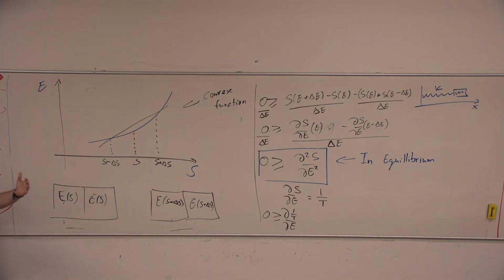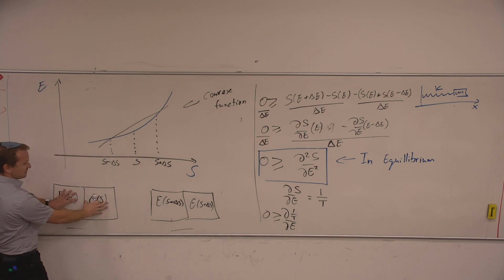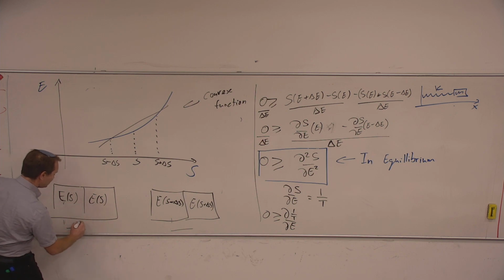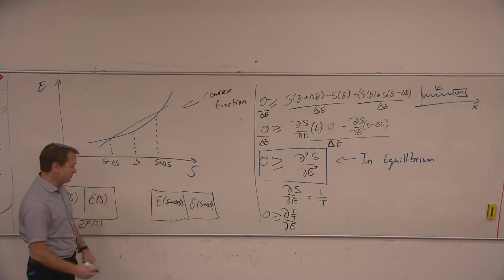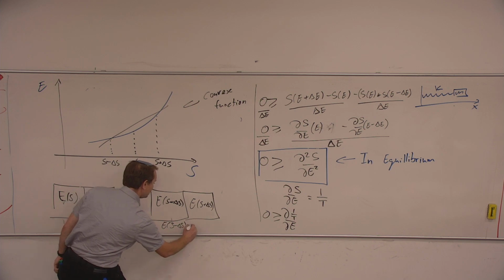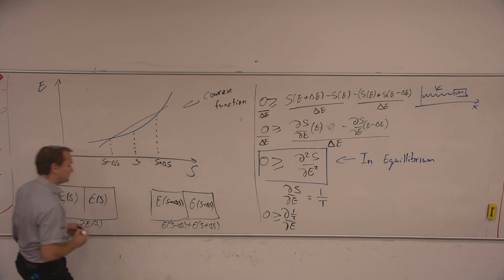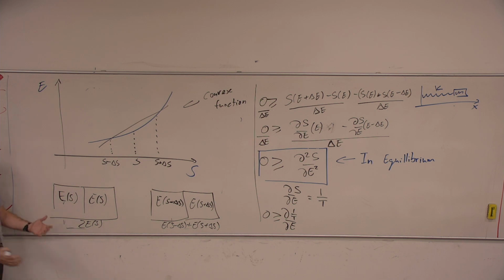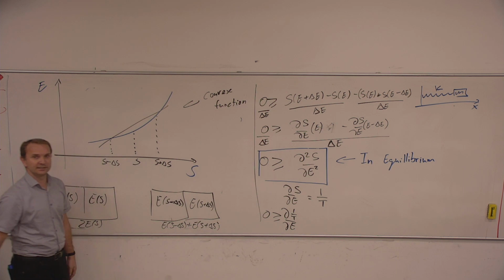So how was our claim going? We said, look, if those two guys, this is the total energy, here it is 2E of S. And the energy over here, because energy is extensive, right? It is E of S minus delta S plus E of S plus delta S. Right? Now, who is greater? This guy on the left-hand side or this guy on the right-hand side?